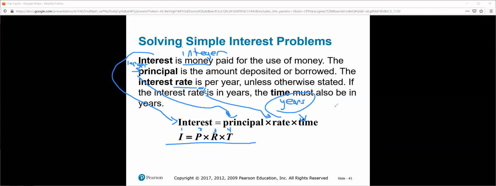If need be, you can write your variables on the side. Interest equals 30. Principal equals 50,000, something like that, right? Rate equals 5%.